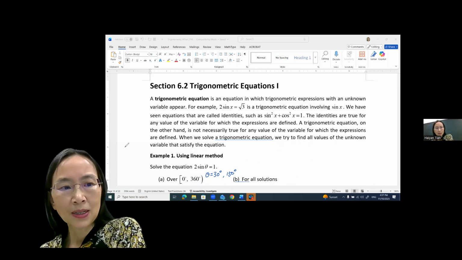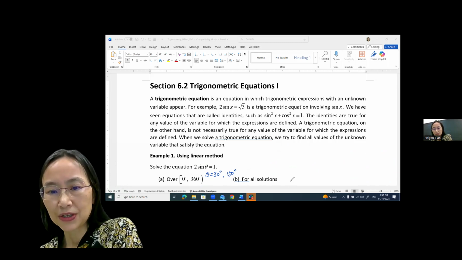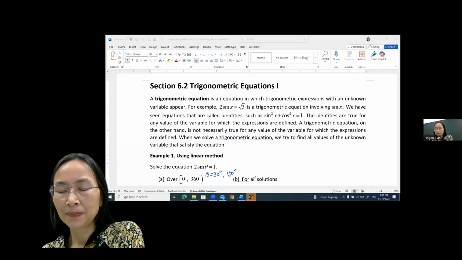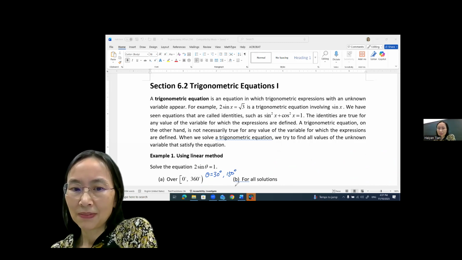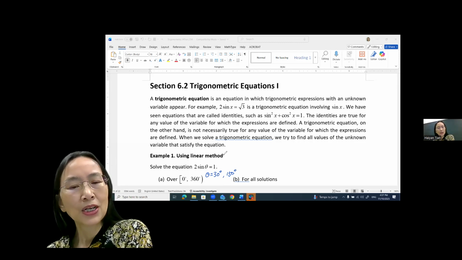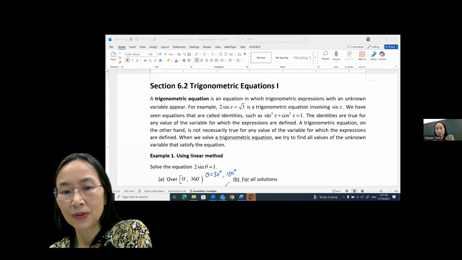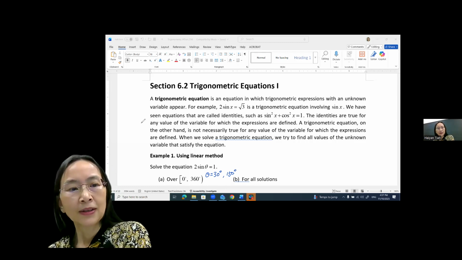That means for part B, we want to find solutions of any degree. Any degree means it can be as large as possible, as small as possible, negative or positive. So we want to find all possible solutions, without restriction of the interval for theta.